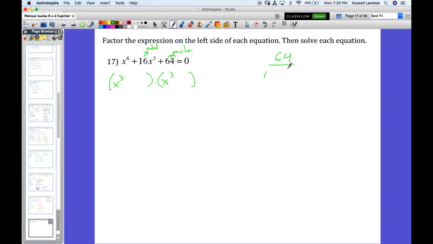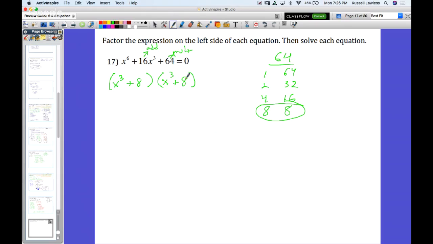That can be 1 and 64, 2 and 32, 3 does not work, 4 and 16, 5 does not work, 6 does not work, 7 does not work, 8 and 8. So can any of these add to 16? The last one can. So that means we'll add 8 to both sides.